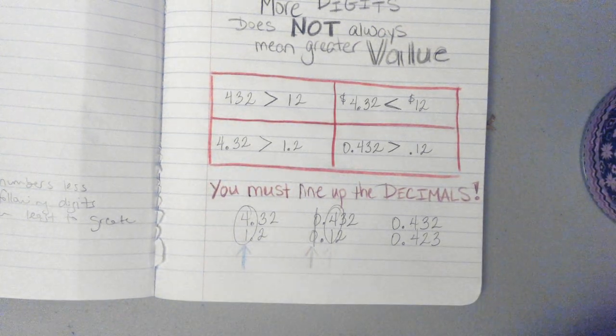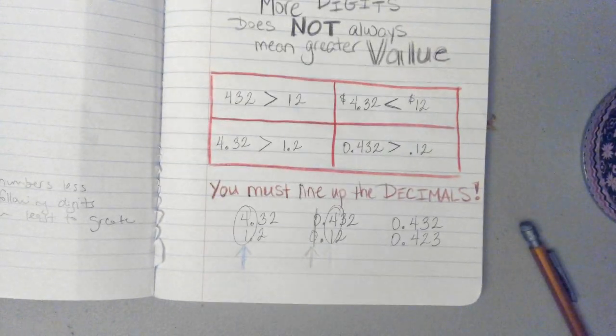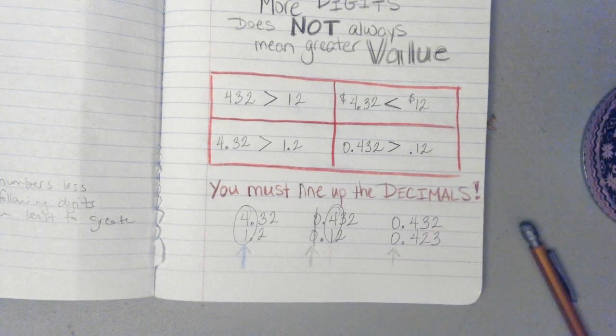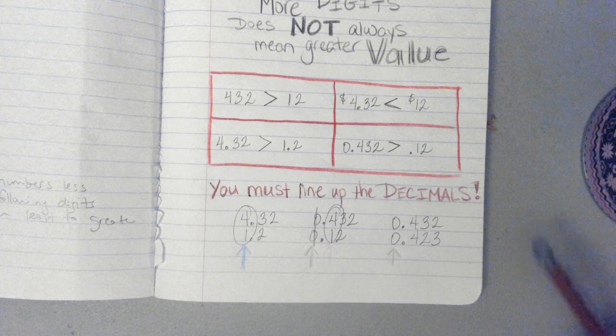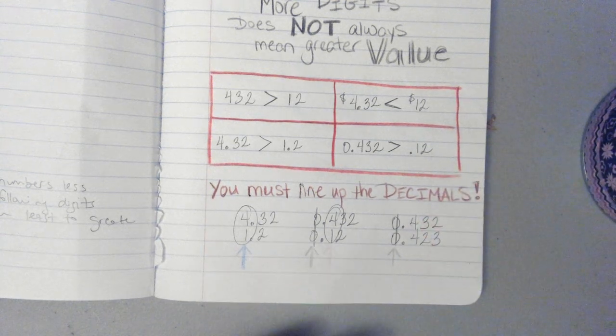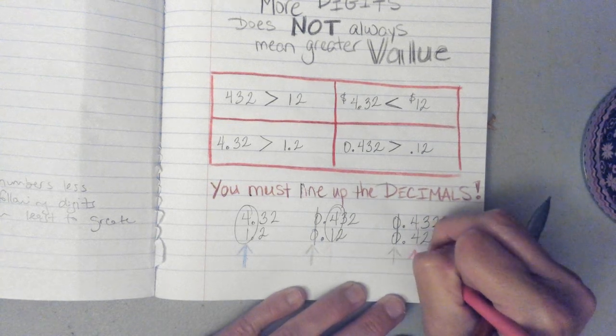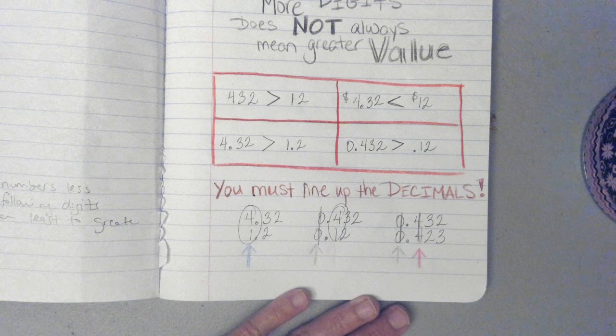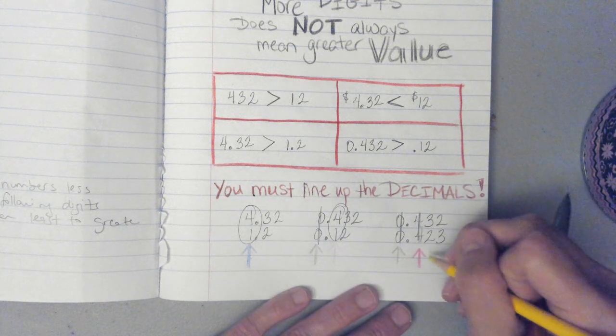423 thousandths. Okay, so again, we're going to start in the ones place because that's my furthest place to the left. Those ones are the same. Okay, go to my next spot. My next spot here is the tenths place. Those 4s are the same. Go to my next spot.